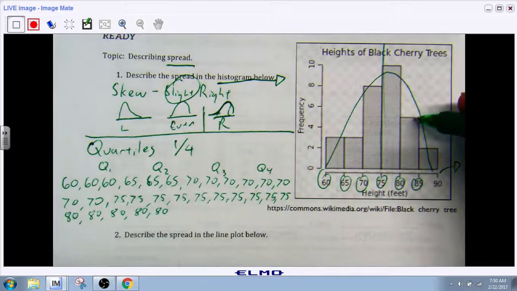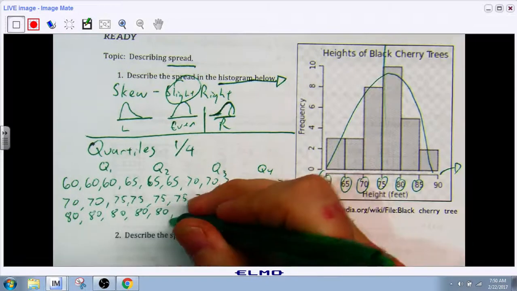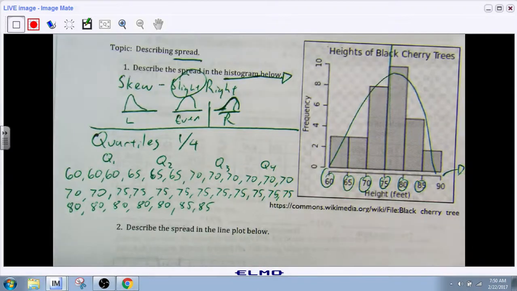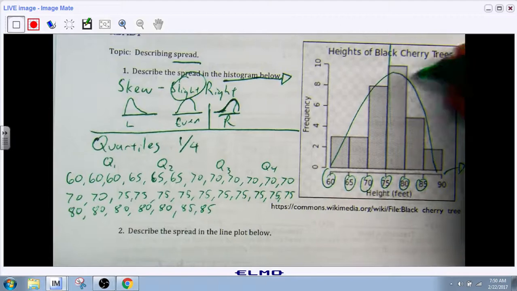And finally 2 85s, 85, 85. Okay, so I've accounted for all the different trees in my cherry tree height.